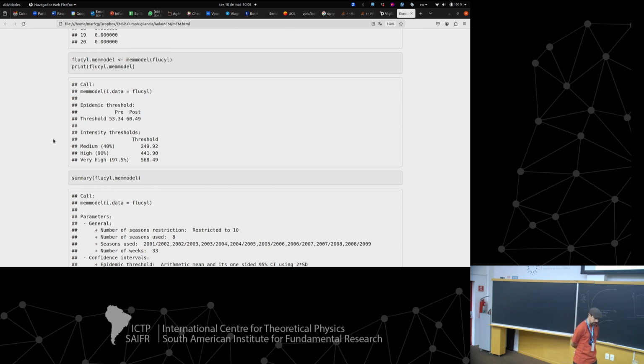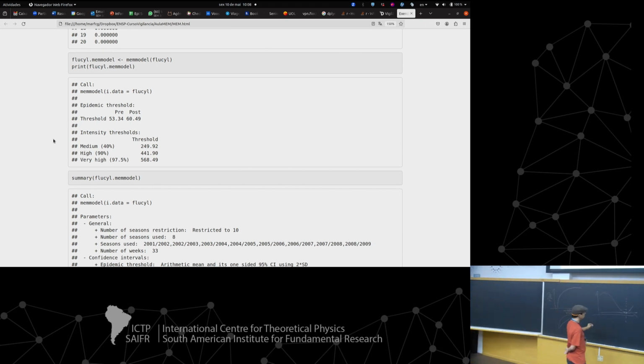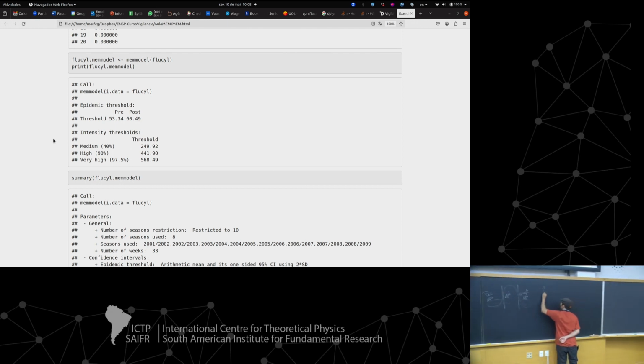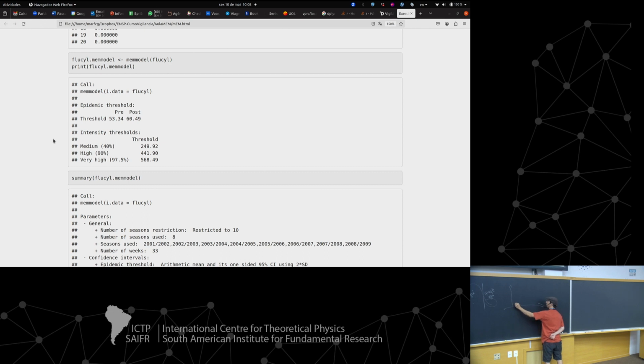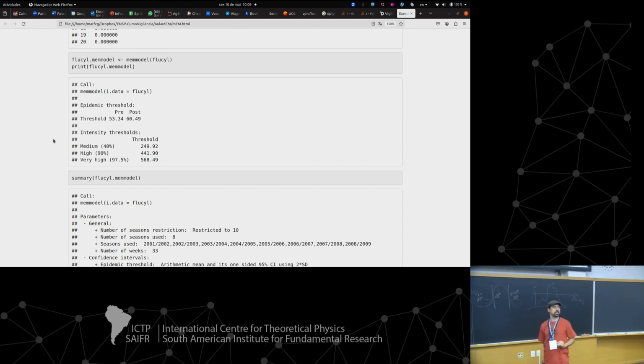And how the European CDC uses that information is that, in a given season, if I cross the high activity threshold at least once, this is already a season classified as being a high activity season.